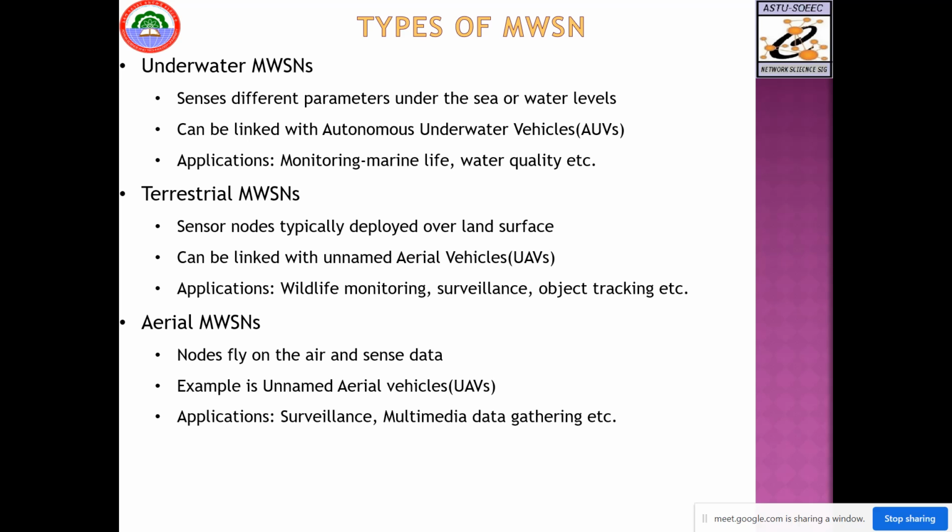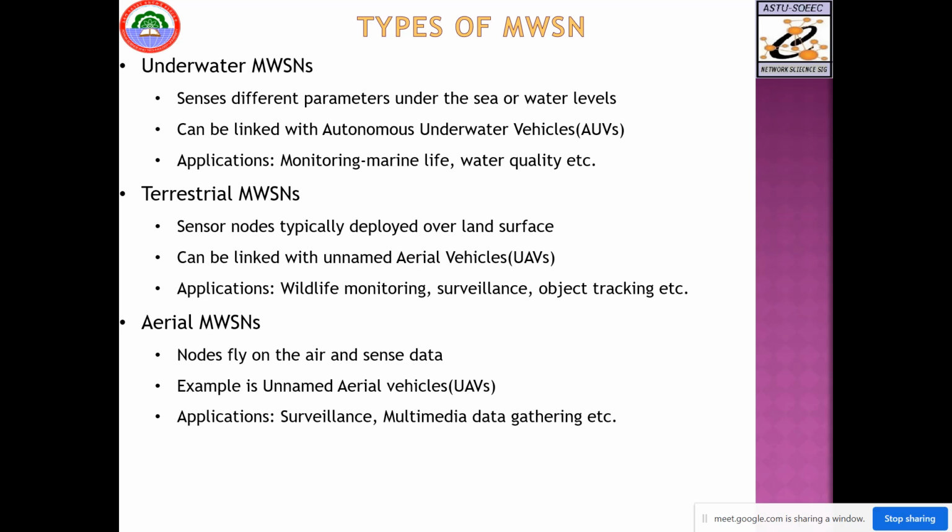So when we come to underwater mobile wireless sensor networks, what is going to happen? Basically, when we deploy the sensor nodes underwater, there are two kinds of nodes which it is possible to deploy.